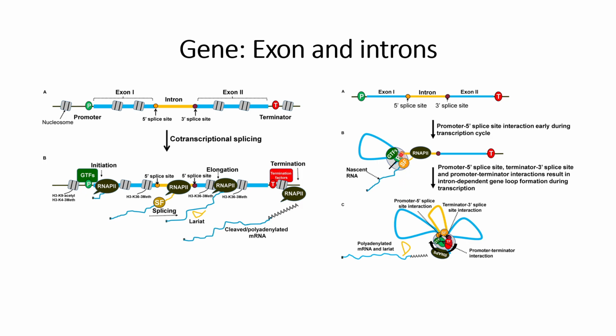As can be seen in panel B of the right side figure, the promoters and the termination sites interact with each other to form a loop that helps the protein acquire its final three-dimensional functional structure.